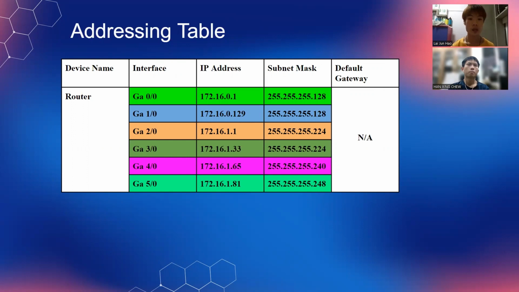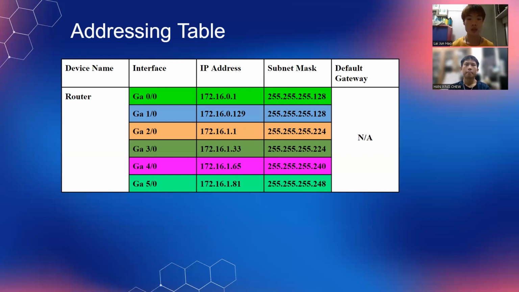The first interface, gigabit 0/0, has the IP address 172.16.1.1 and the subnet mask 255.255.255.126. The second one, gigabit 1/0, has the IP address 172.16.0.129, and the subnet mask is also 128. Gigabit 2/0 has the IP address 1.1, and the subnet mask is 224.